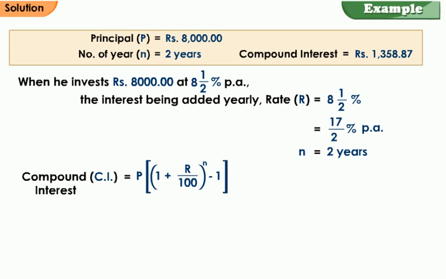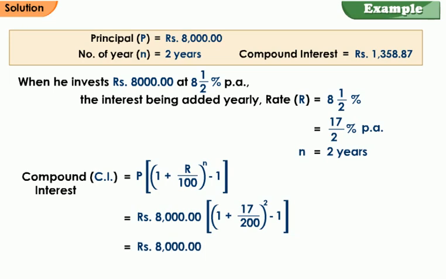After further calculations, we write rupees 8,000 into 0.177225. Multiplying these two figures, we get rupees 1,417.80.